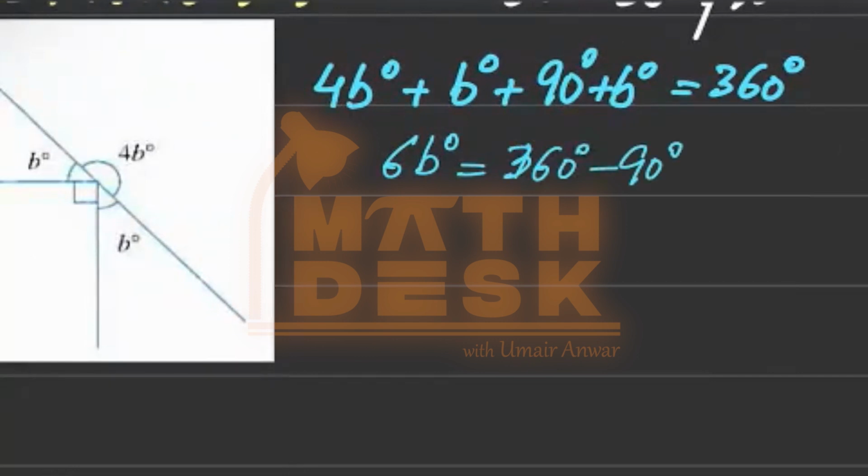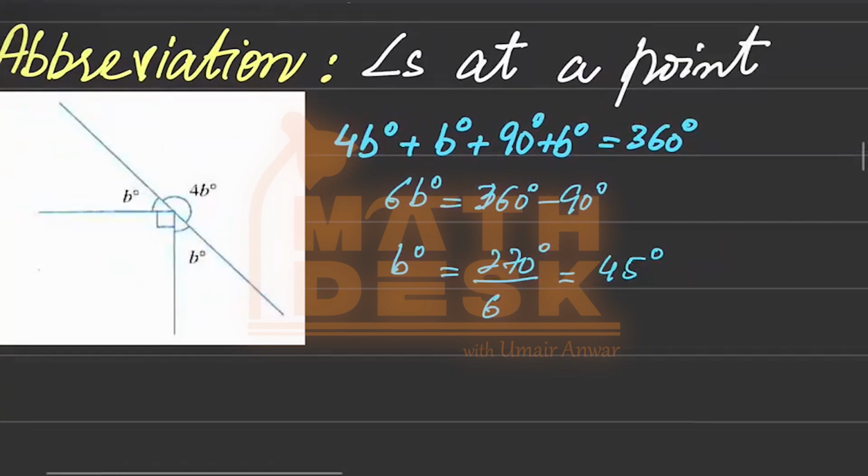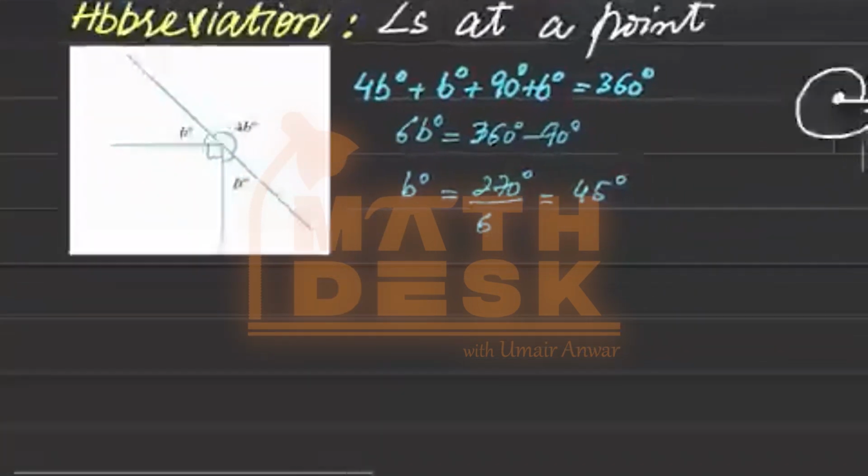So B would be equal to 270 degrees divided by 6. So the angle of B would come out to be equal to 45 degrees in this case. So this is how the angles at a point add up to 360 degrees.